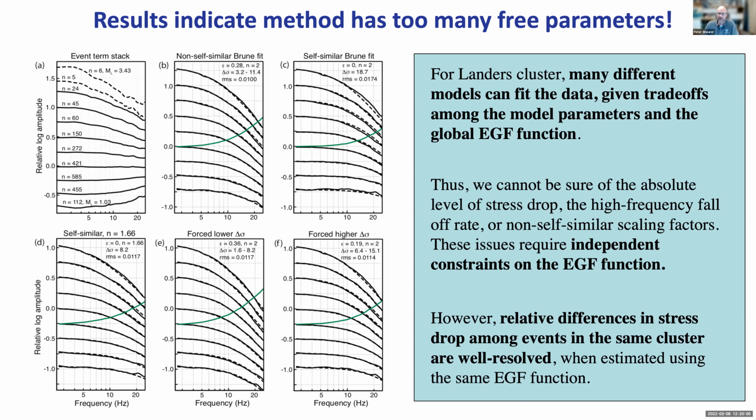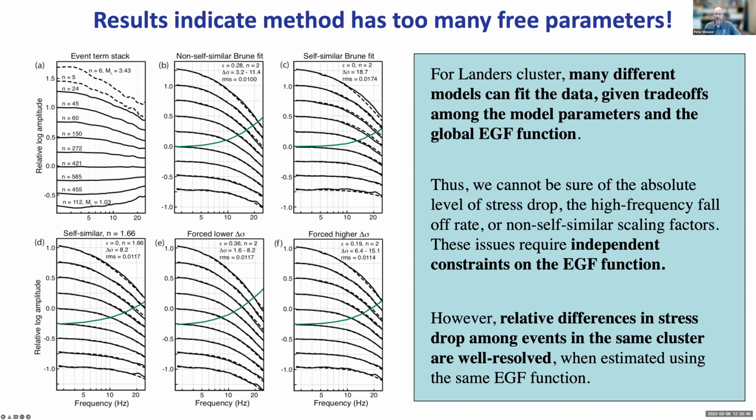systematically as a function of the event size, there's a lot of models that will give reasonable fits, as you can see here. Here you have a non-self-similar fit, a self-similar fit. You also have ones where you've enforced a lower stress drop, and ones where you force there to be a higher stress drop. So essentially, it's not well posed to try to solve for what the absolute shape of the spectra are.